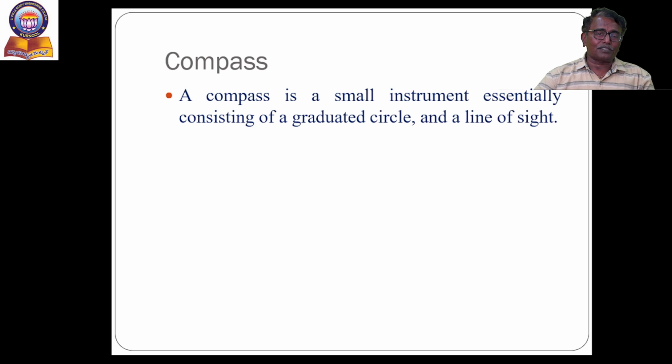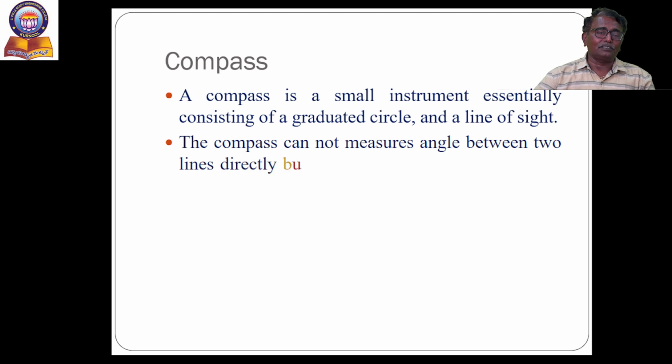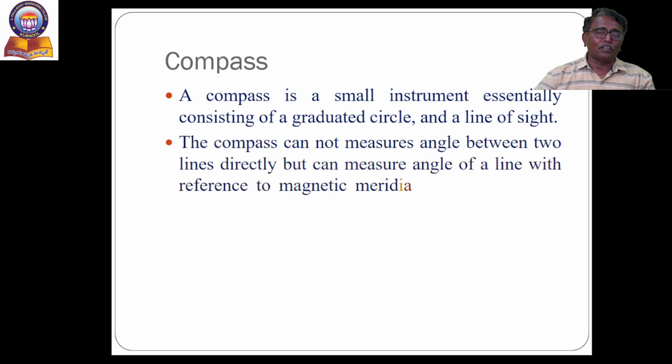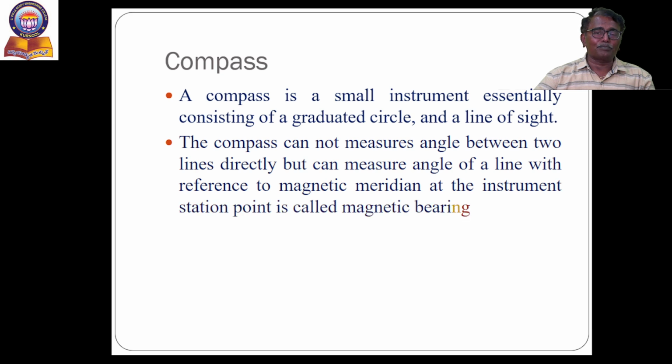Next, the compass. A compass is a small instrument essentially consisting of a graduated circle and a line of sight. The compass cannot measure angles between two lines directly, but can measure the angle of a line with reference to the magnetic meridian at the instrument station point.